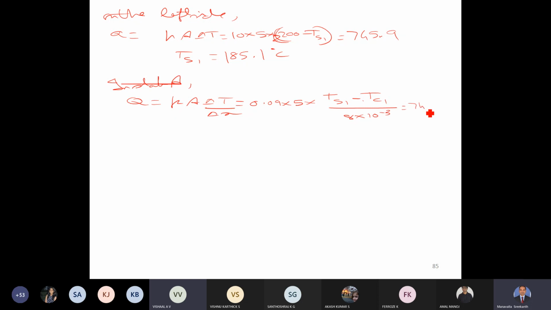This is equal to 745.9. We know TS1, we should find TC1. So TC1 is 171.9.